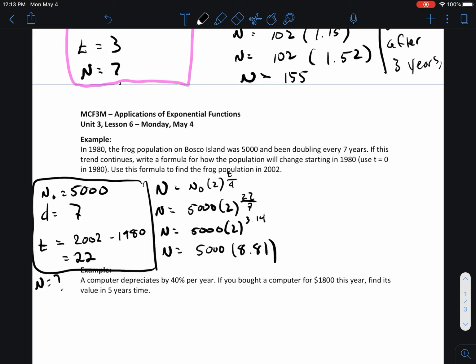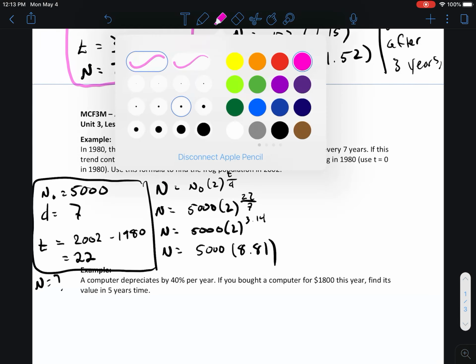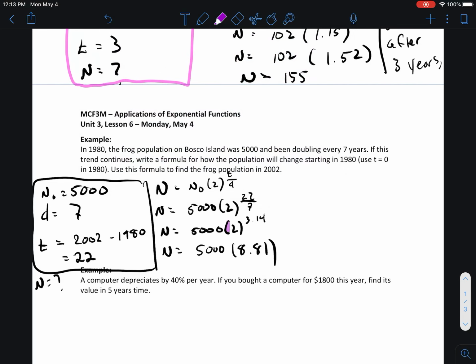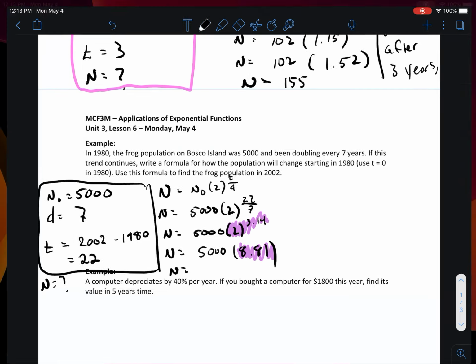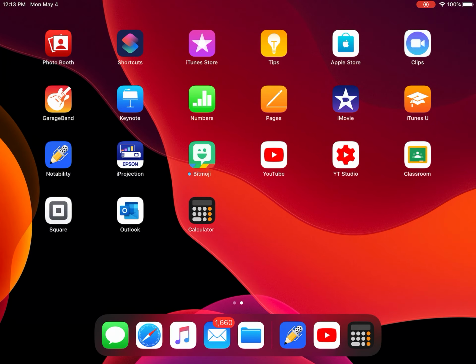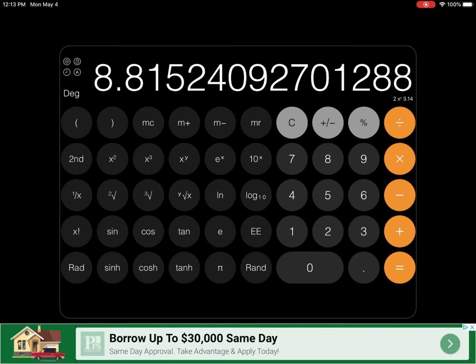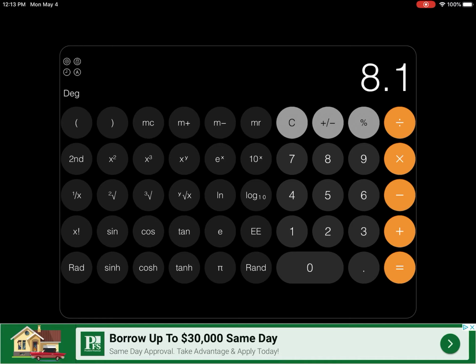Go back. So n is going to be equal to 5,000 multiplied by 8.81, okay? The 8.81 came from this right here, okay? That's the math on that. And then you're just going to do 8.81 multiplied by 5,000, right?